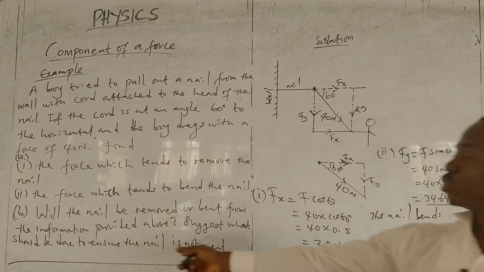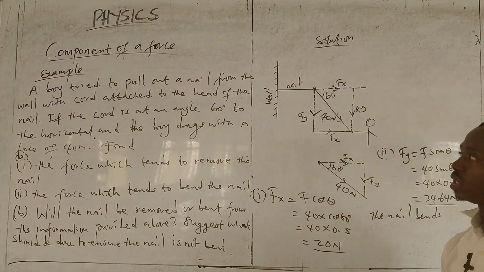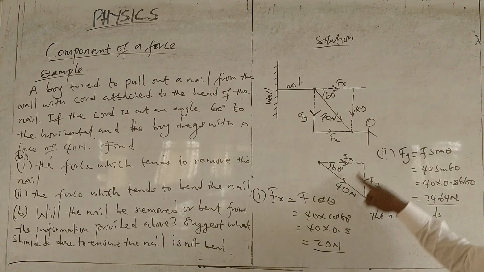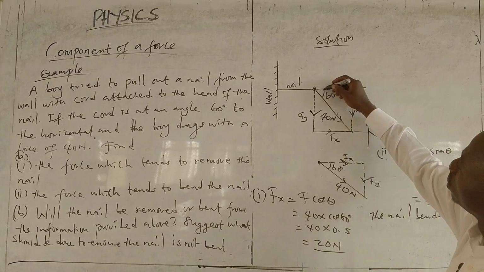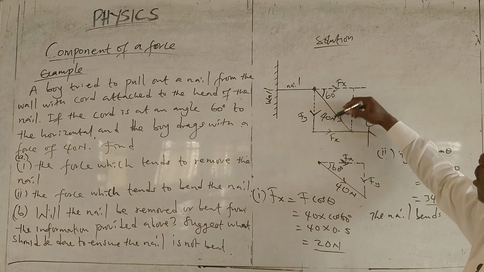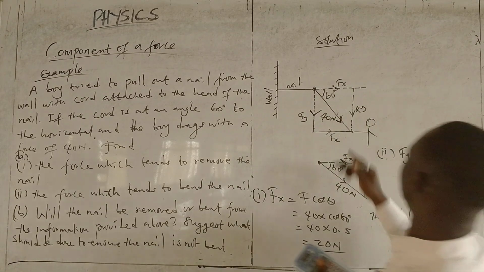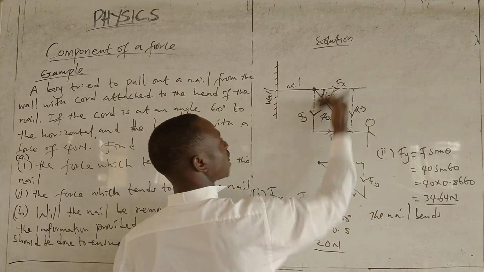Then suggest what should be done to ensure the nail is not bent. What will be done is to ensure that the horizontal component is more than the vertical component. And how will you achieve that? Make sure that the angle of inclination to the horizontal is smaller. Now this angle is too big, meaning it's drawing far away from the horizontal.